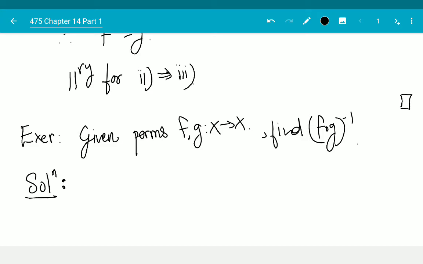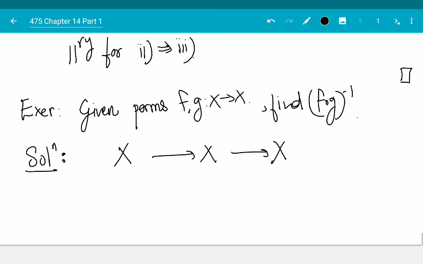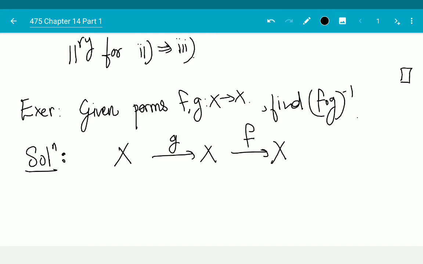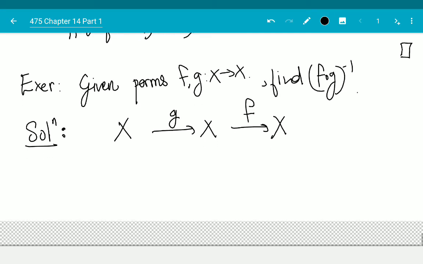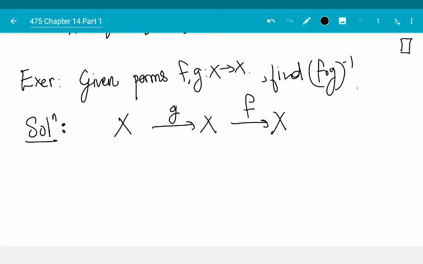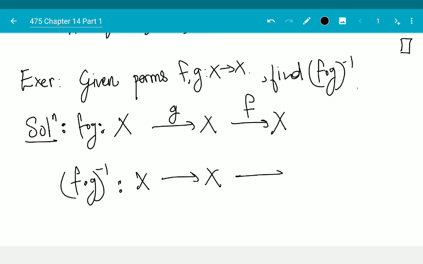Let us look at what f of g is. So x goes to x goes to x. F of g is, well, first I do g and then I do f, right? And f of g inverse is going to reverse this process, right?